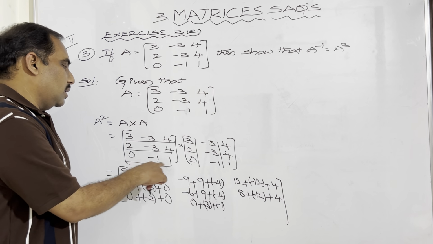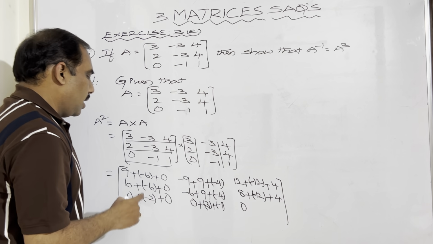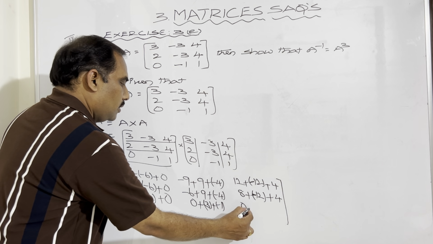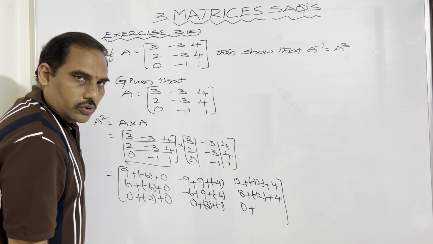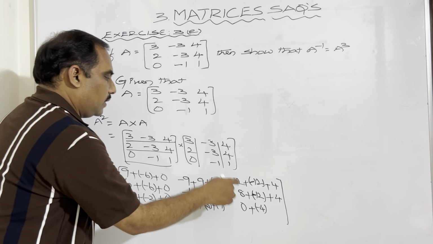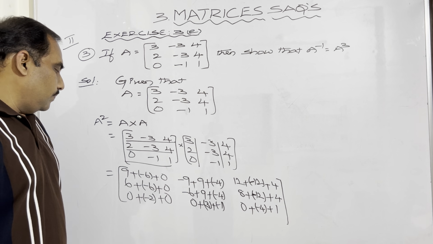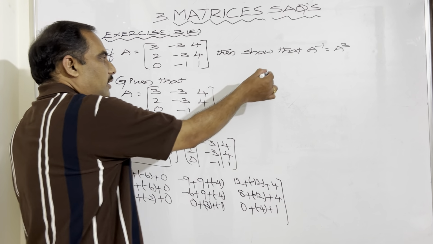Third row, third column: 0 into 4, that is 0, plus minus 1 into 4, that is minus 4, plus 1 into 1, that is 1. Now we have to simplify this.